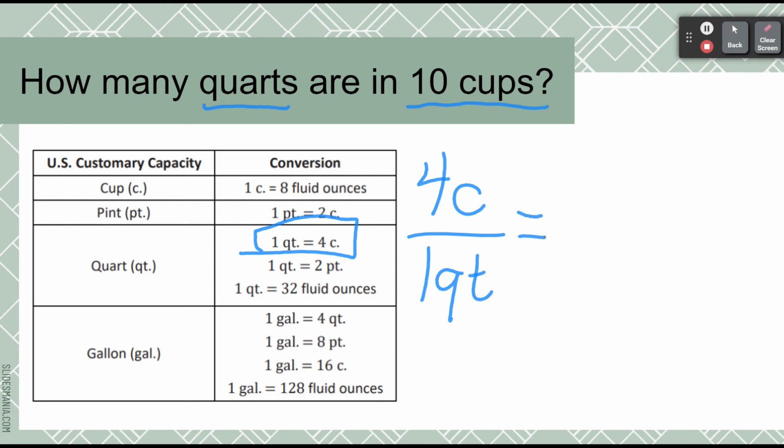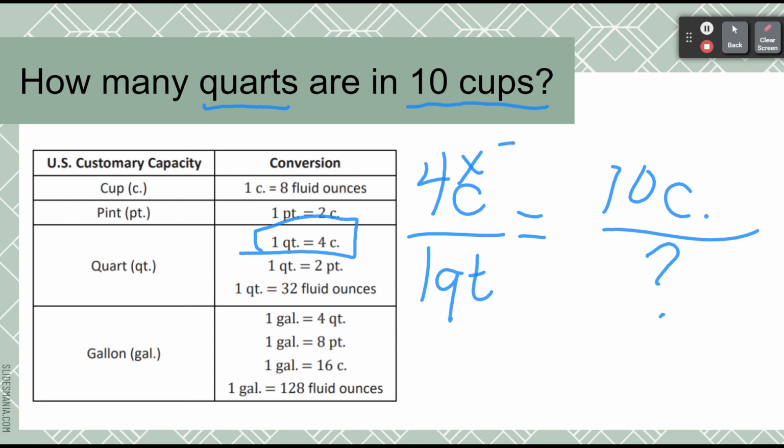This time, I don't know how many quarts there are, but I know I need to get to 10 cups. This is when you may want to use your calculator. 4 times what is going to equal 10? Well, I know 4 times 2 is 8, and 4 times 3 is 12. So in between that would be my 2.5, which would get me 10.